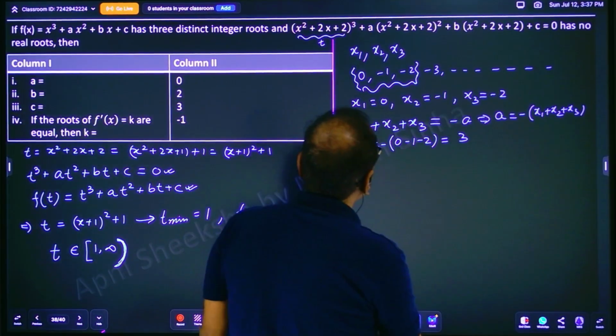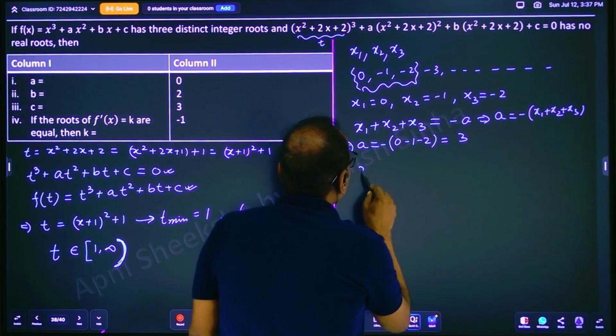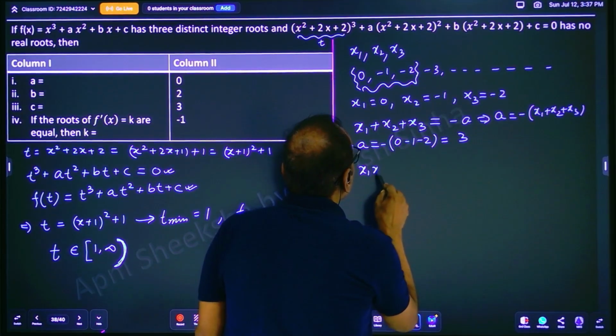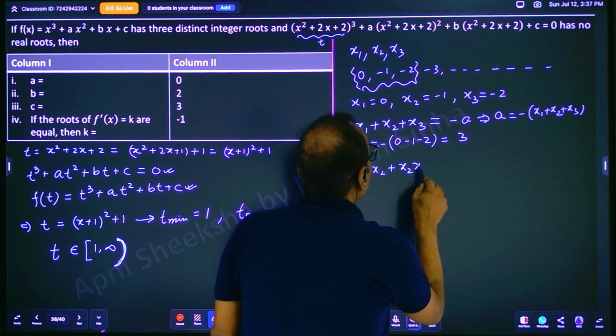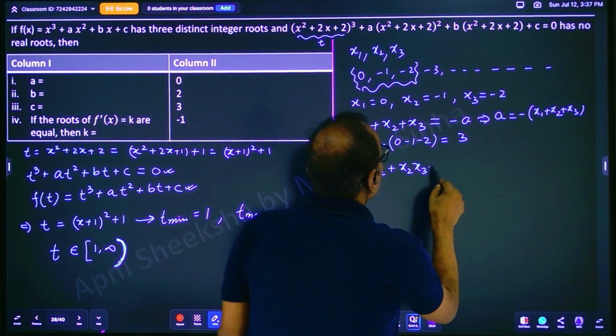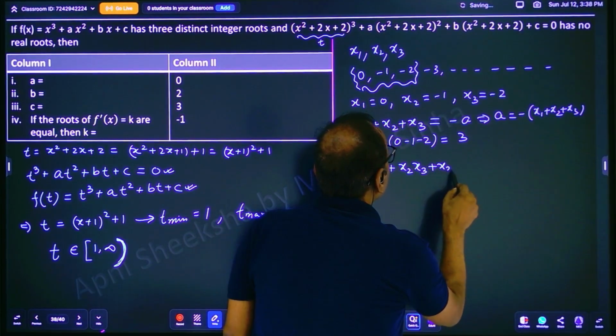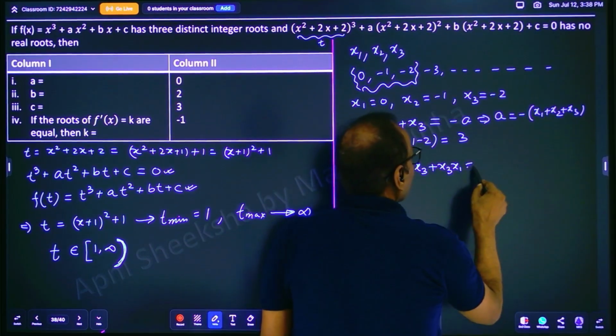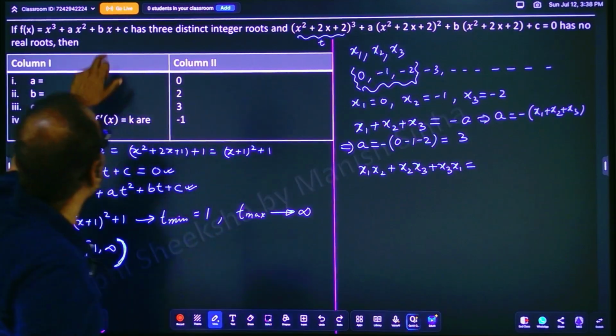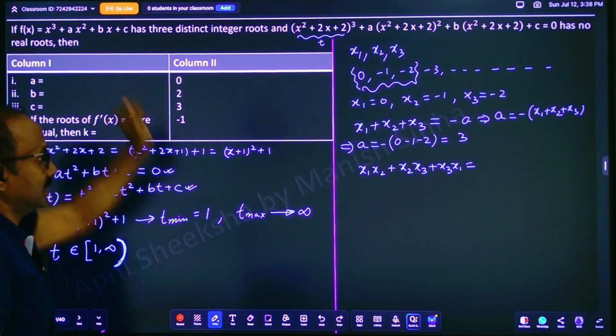Then second, you also know x1 into x2 plus x2 into x3 plus x3 into x1 will be equal to the coefficient of x, that is b.